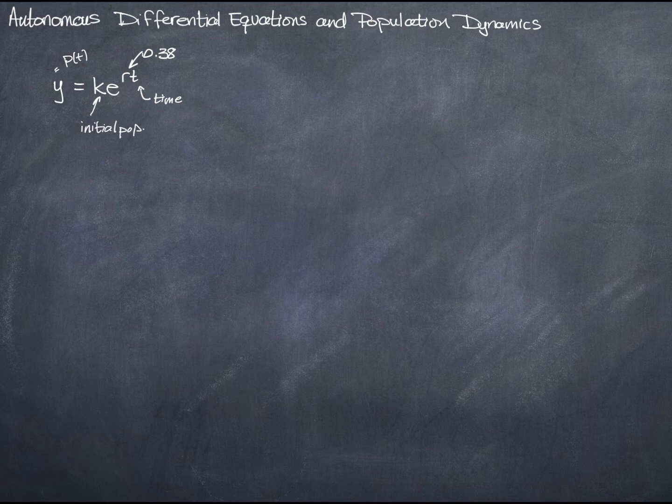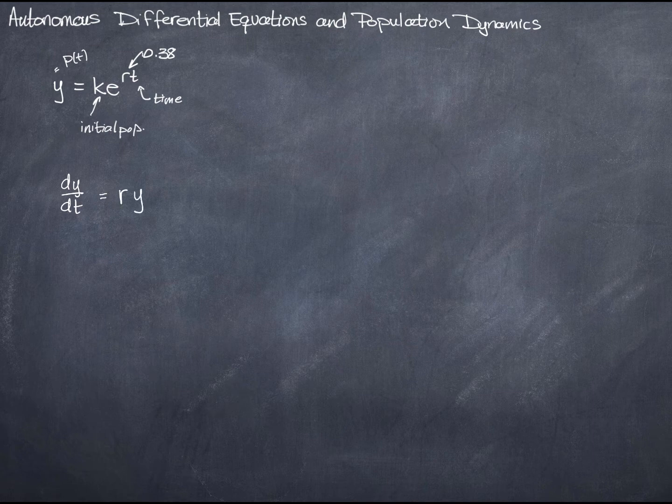It's more accurate to say the rate of change is proportional. Proportional means it's dependent on the population at the starting time. So what we say then is that the change in the population with respect to time is proportional, some constant, times y.